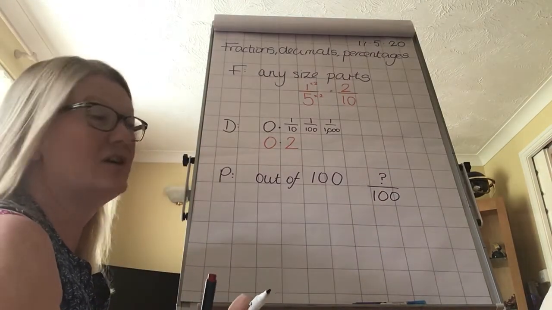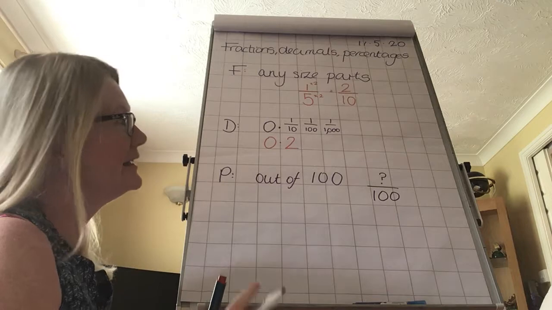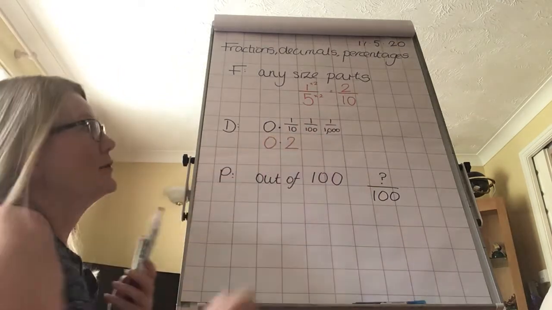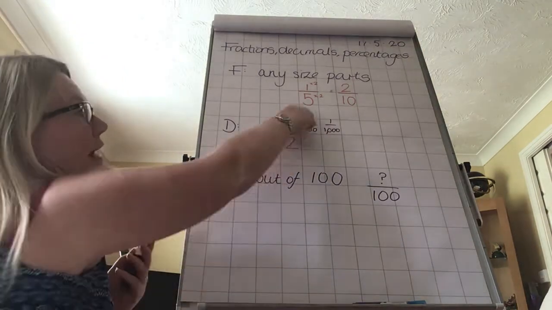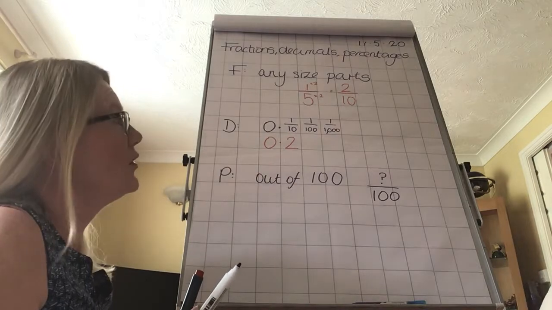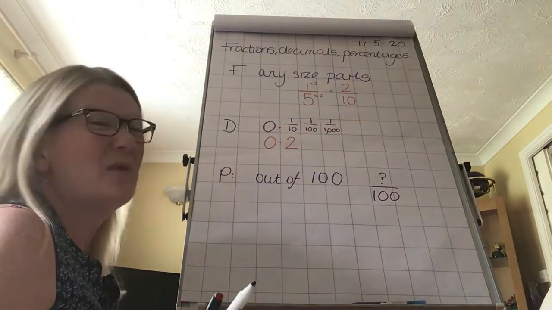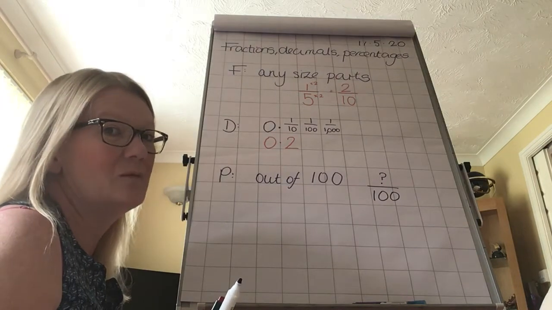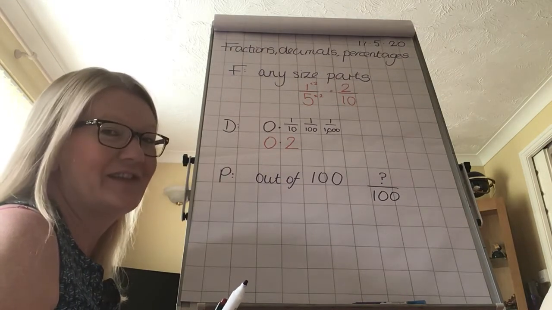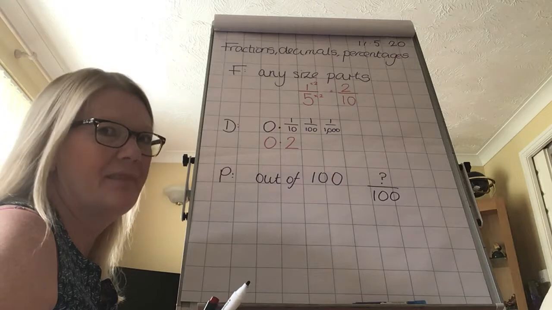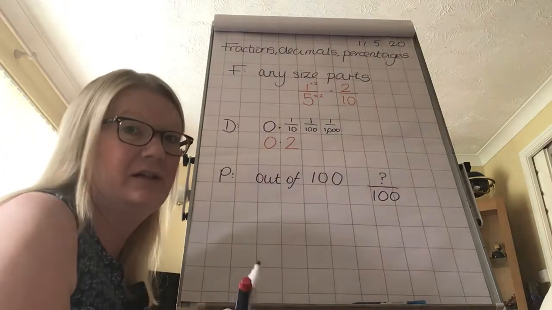So percentages are hundredths. Now, if we go back to our fraction, we haven't got hundredths specifically there, have we? But we know that 10 hundredths is 1/10 because of our place value knowledge.